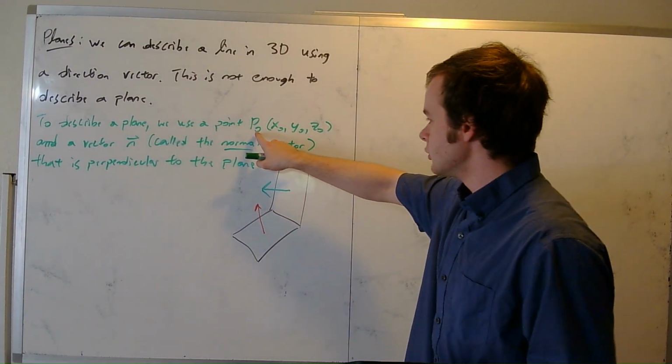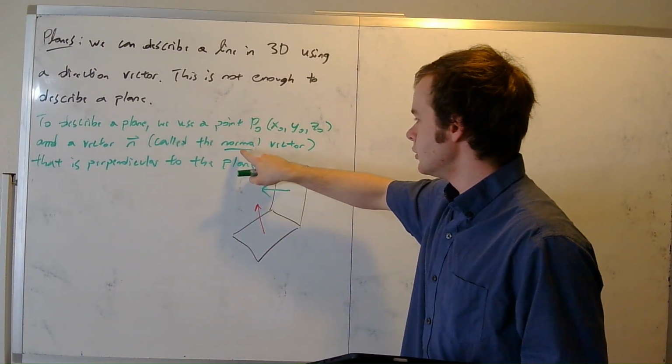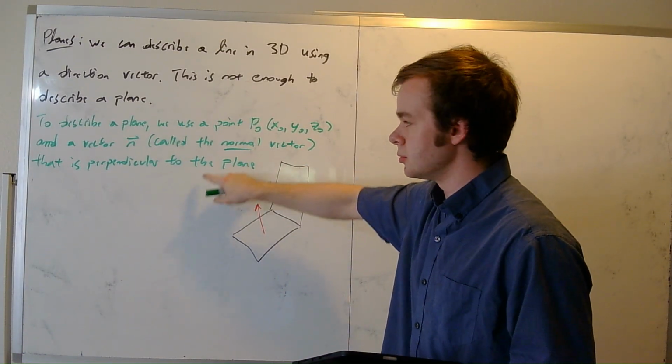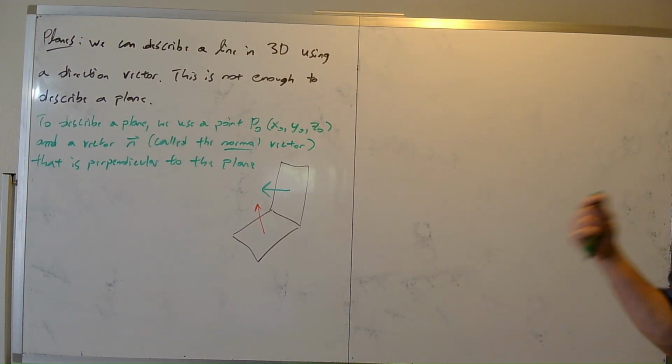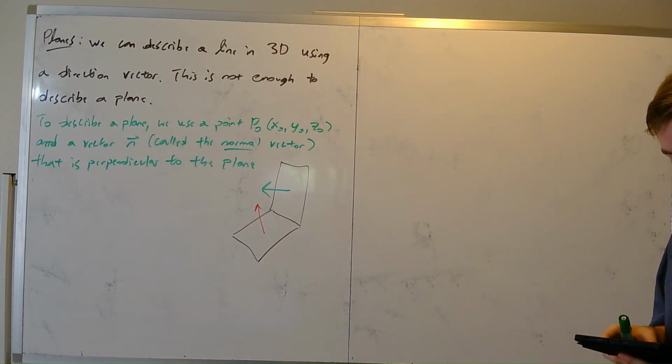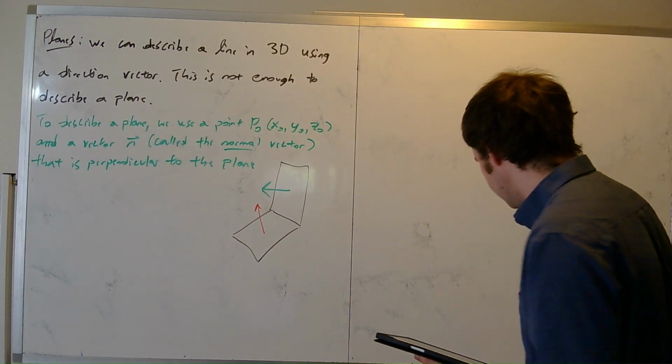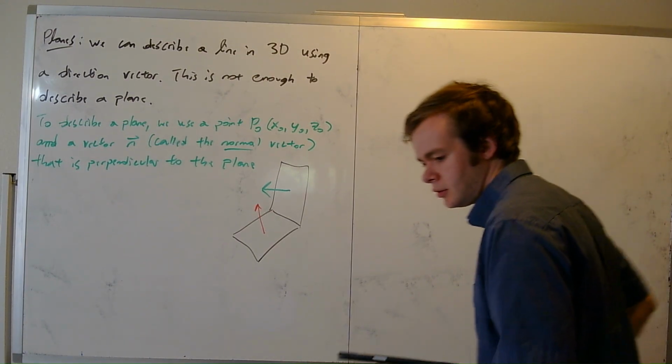So we pick a point on the plane and a vector that's perpendicular to the plane, and as long as you have those two pieces of information, you can actually determine exactly the plane you're talking about. So let's actually draw a bit of a better picture here.